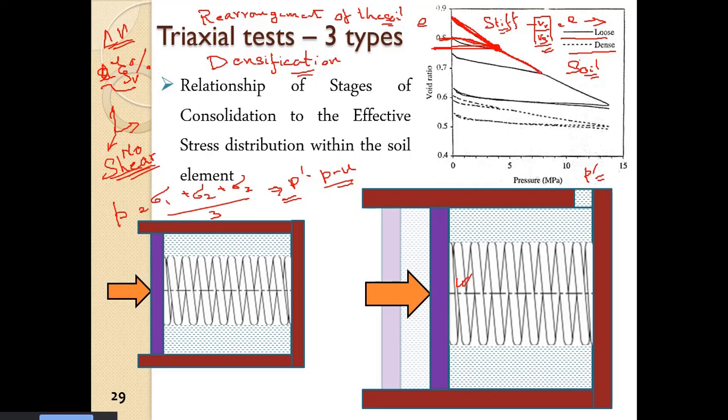Again there will be consolidation, a reduction in the void ratio. The volume of voids will reduce, there will be drainage out of the soil, and the soil will densify further. Again some small amount of deformation is recovered, but the majority of the deformation has gone into the soil, and that work, that energy, is stored in the soil.